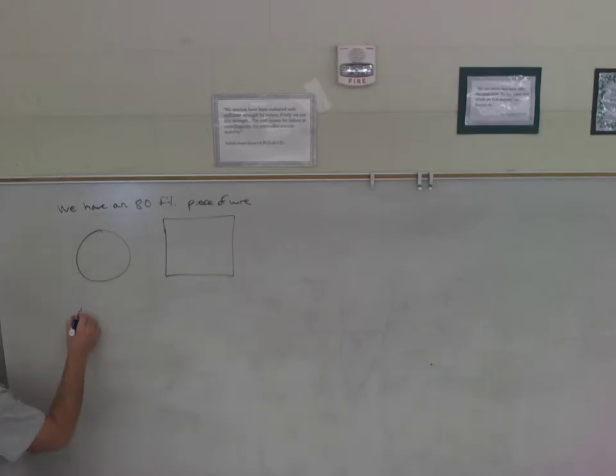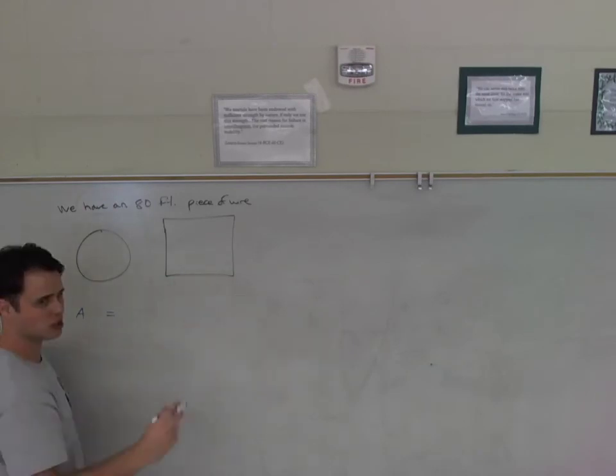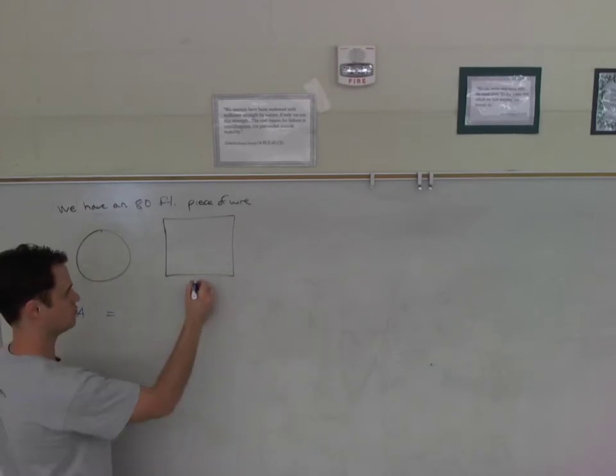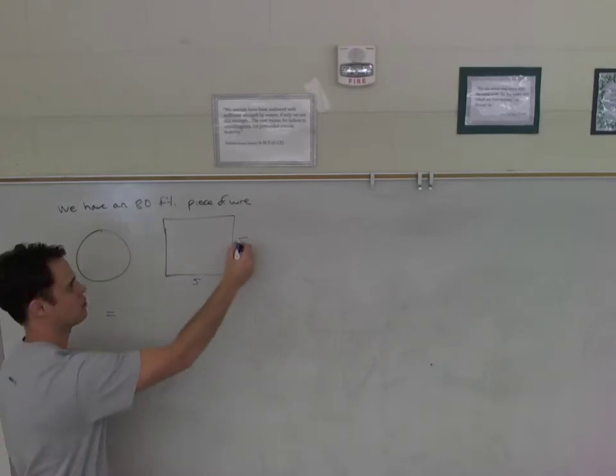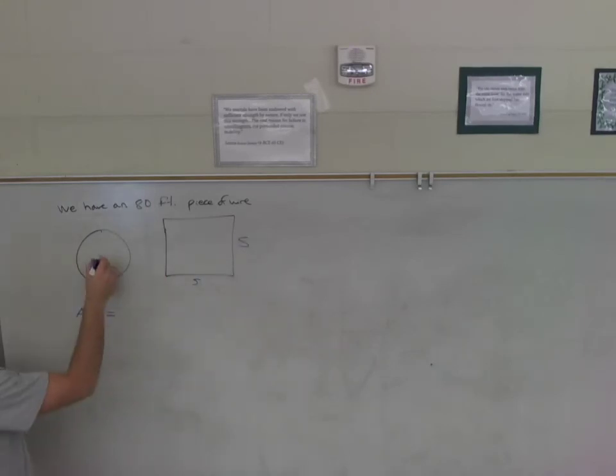So A, what variables is that going to depend on? I don't know. What do you guys want to call this length of the square? You want to call it L? I mean, we could call it anything, right? S. Okay, we'll call it S. Side of the square, so that's also S. So then, what should we call this? R.